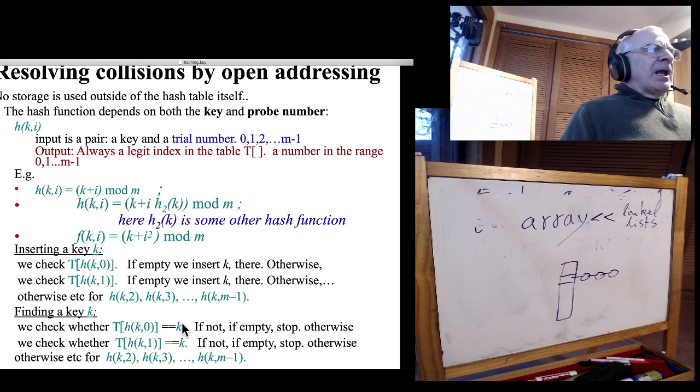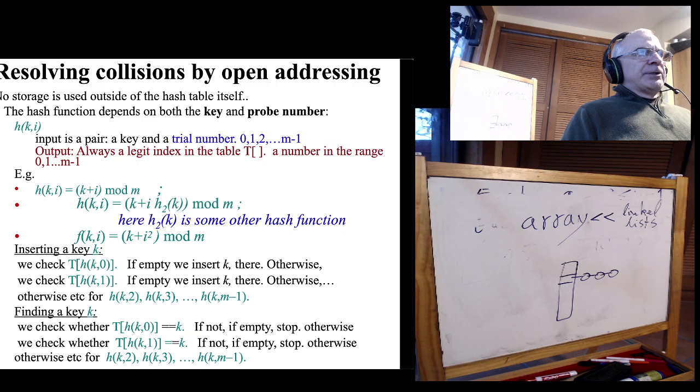And when do we stop? We also give up the moment that we land on an empty cell, because if k was inserted, then that's a place where it should have been inserted. I'm lying to you through my teeth, but we stop and say k is not there the moment that we land on an empty cell.